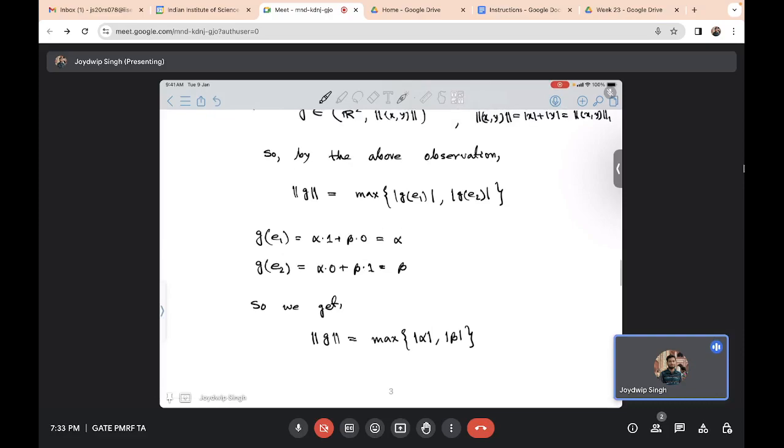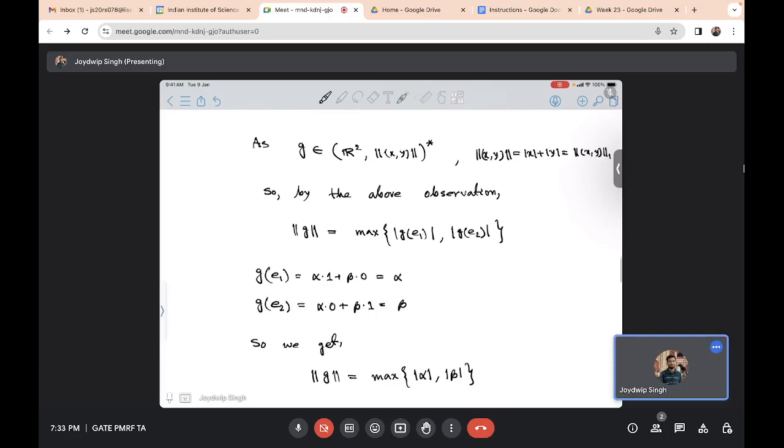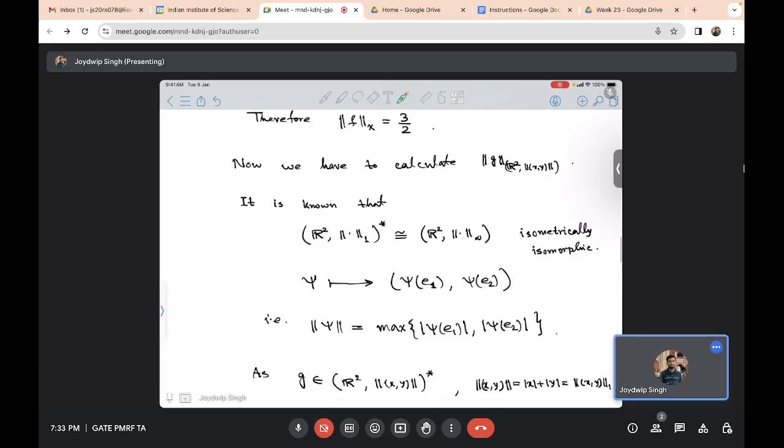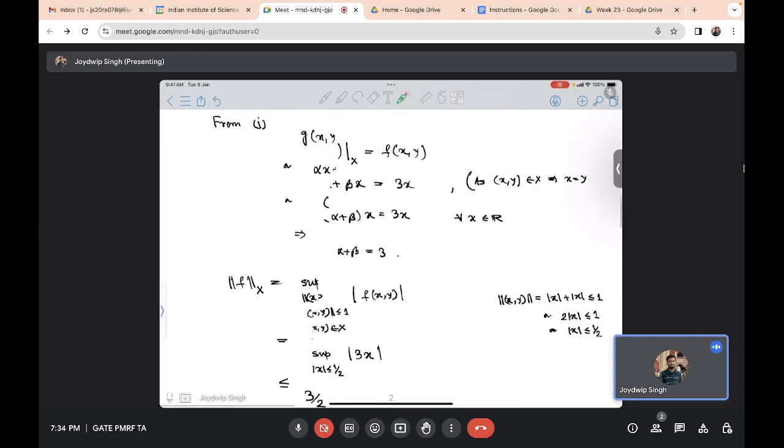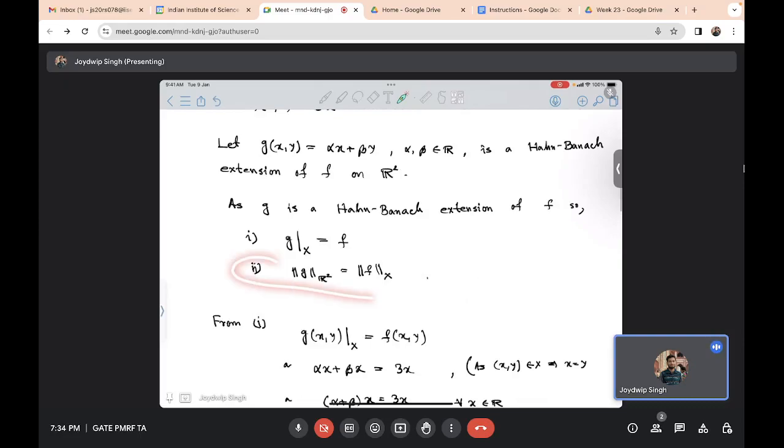So now we get both the norms. Here we get the norm of G is this, and the norm of F we got earlier. And condition 2 says that both these norms are the same.